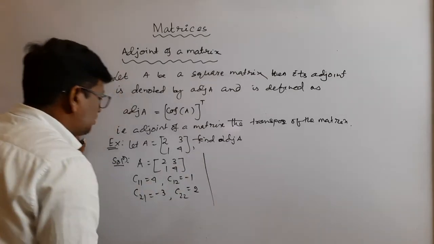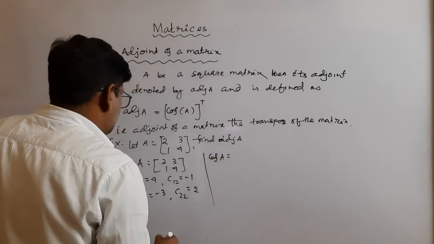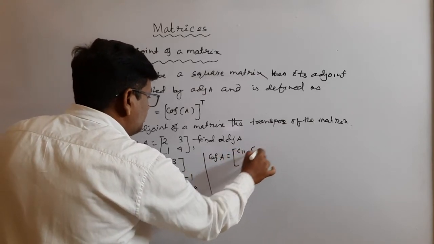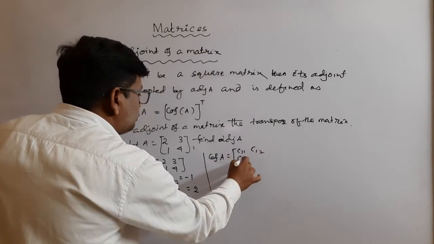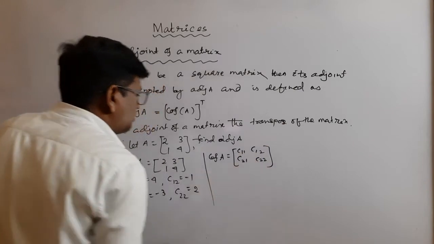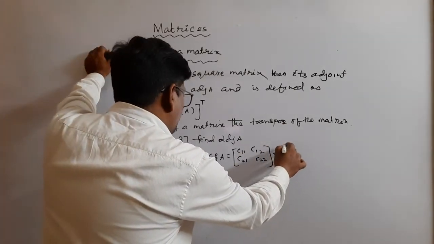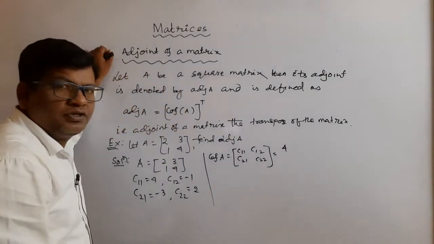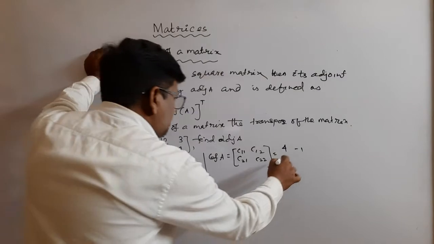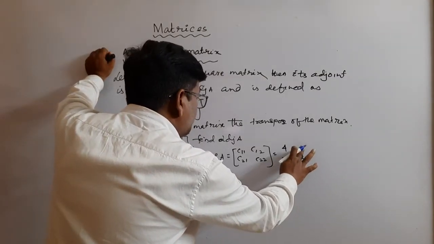Now cofactor of A is C11, C12, C21, C22, which is 4, minus 1, minus 3, 2. This is cofactor A.